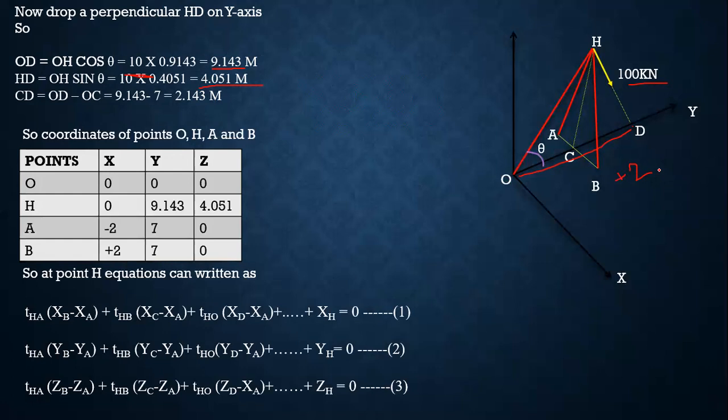At point H, the equation can be written like this: THA times (xb minus xa) plus THB times (xe minus xa) plus THO times (xt minus xa) plus xh. In the derivation we analyzed joint A, but in that figure we used point H, so we write the equation in H form.